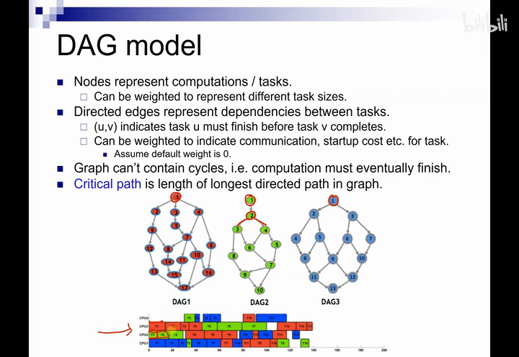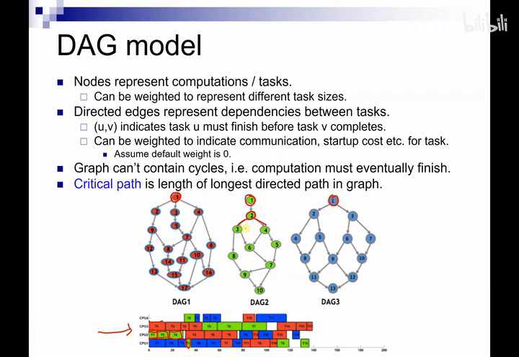In this example, we're choosing to run T4 first, though you don't have to. Then we're going to assign T3 to a different processor, and we can do this because there's no precedence relation between 3 and 4. Therefore, you can run 3 and 4 concurrently.